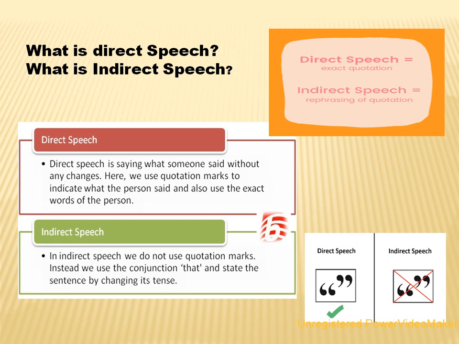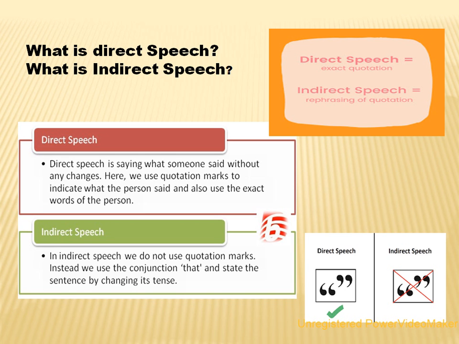Direct speech is saying what someone said without any changes. Here, we use quotation marks to indicate what the person said and also to use the exact words of the person. Children, in this slide you can see here the quotation mark.